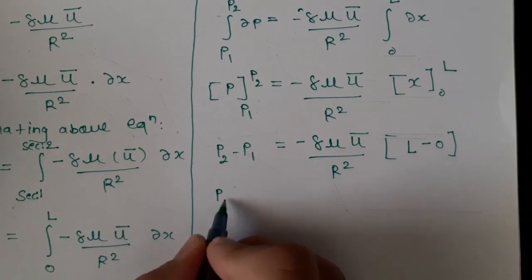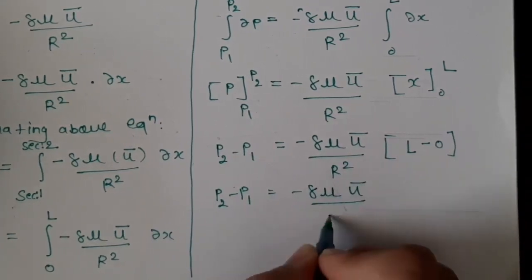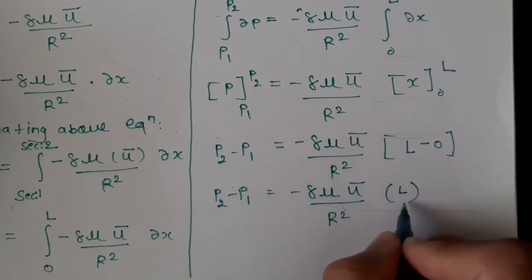So P2 minus P1 equals minus 8 mu U bar upon R square into L.